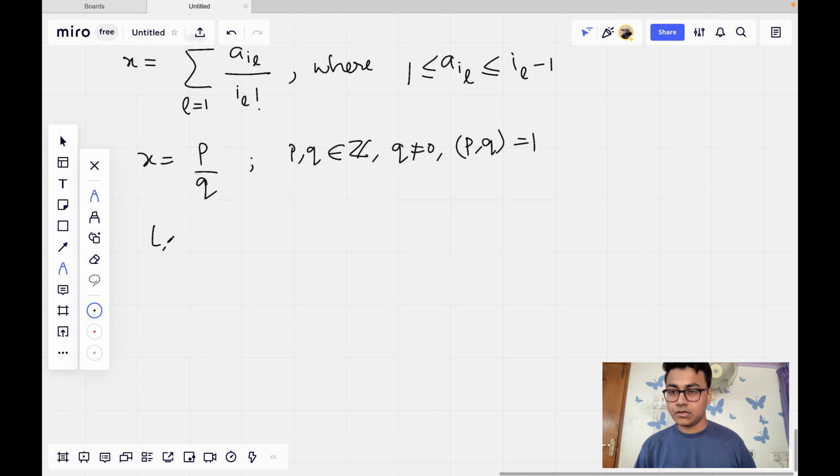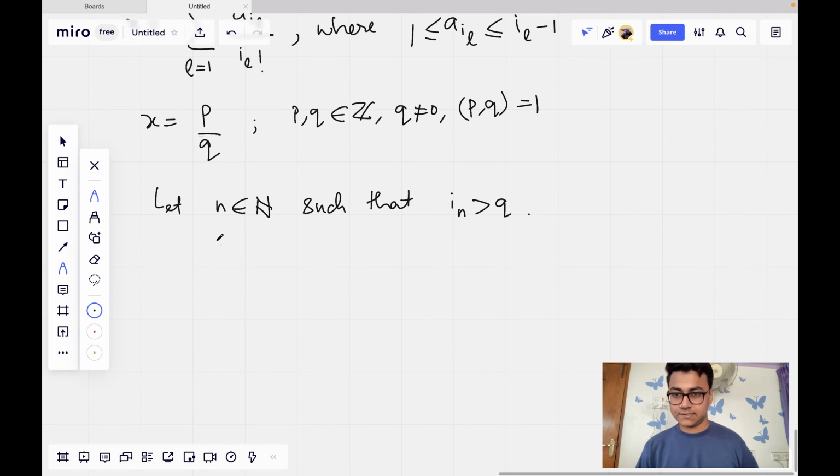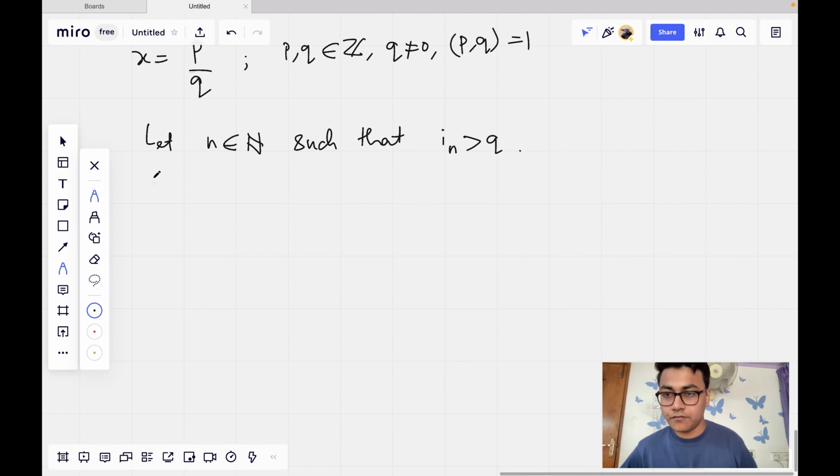Now let n be the natural number such that i_n is strictly greater than q. That is, strictly greater than this denominator. You will see why we need that. It is strictly greater than q, and for this, now we will look at the following quantity.